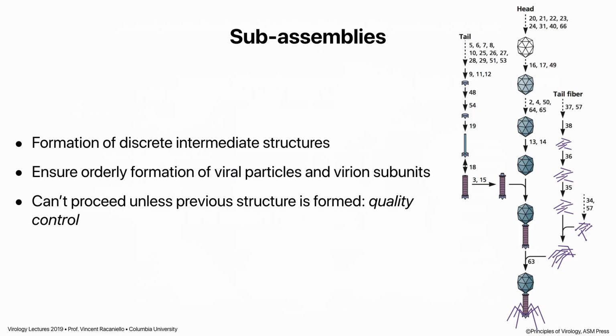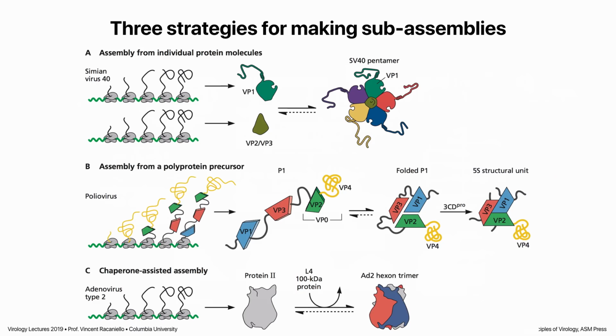You make a tail, for example, and if it's broken, it doesn't get incorporated into the final virus particle. You can throw it away and use another tail assembly. And presumably there are mechanisms that will distinguish when a part is not made properly. So those are sub-assemblies, and they happen in the replication of many viruses that we're going to look at today. How do you make sub-assemblies? Here are three ways that you can do that.